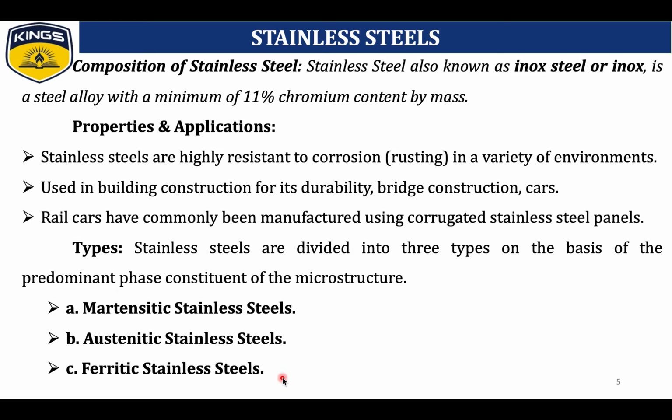So some of the properties and applications of these stainless steels are: they are highly resistant to corrosion or rusting in almost all environments, whether it is sunny or rainy or winter season like that.